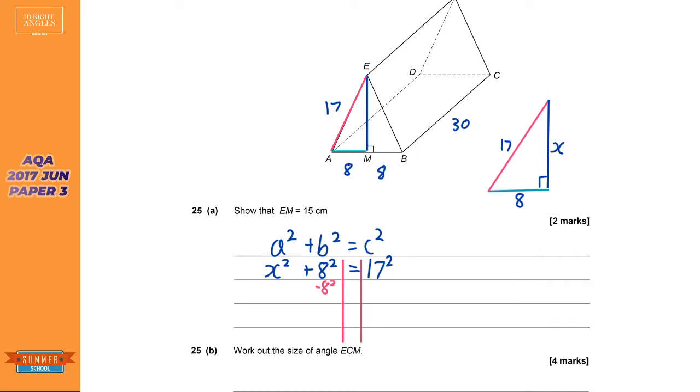Take away the 8 squared from both sides, and we've got x squared equals 17 squared minus 8 squared, square root both sides, and we've got x equals, so I'm going to type that in, so square root of 17 squared minus 8 squared, and that equals 15.